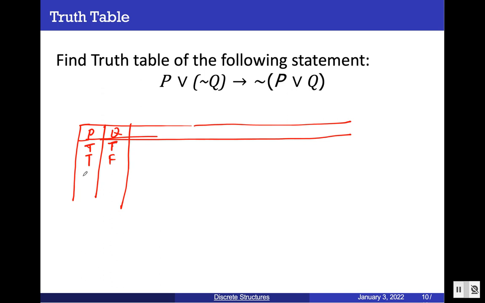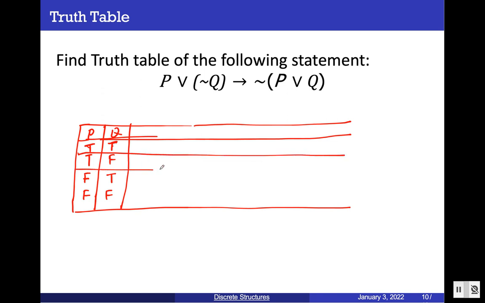When P is false, Q can be true or false. So these are all the combinations we are going to need.